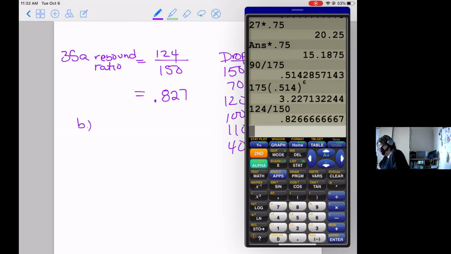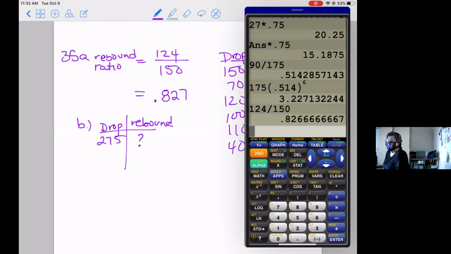So part B, what if the drop height was 275? What would be the rebound? How could I find that? Well, let me ask you this.